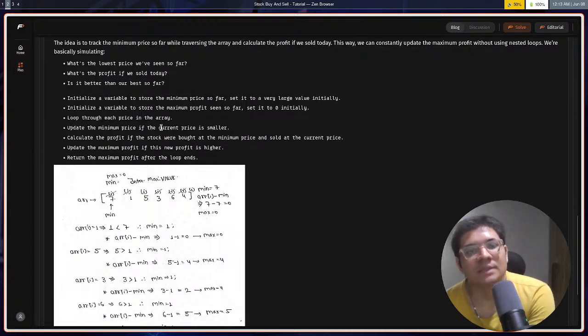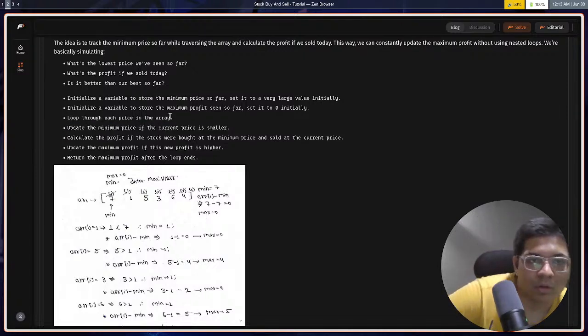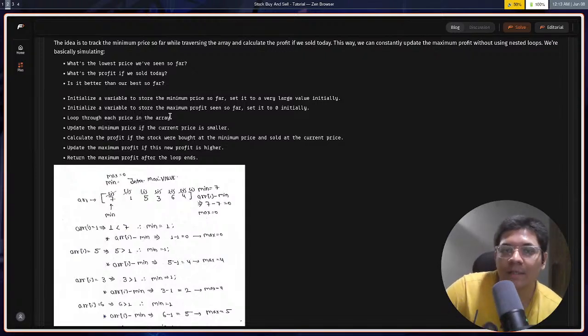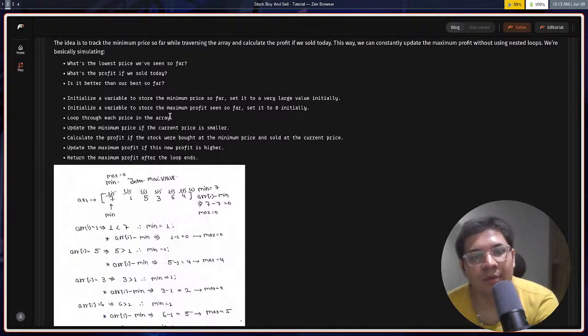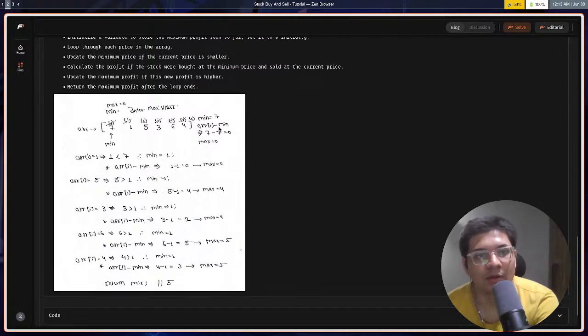Update the minimum price if current price is smaller. Calculate the profit if the stock were bought at the minimum price and sold at the current price. Update the maximum if new profit is higher. Return the maximum profit after the loop ends.